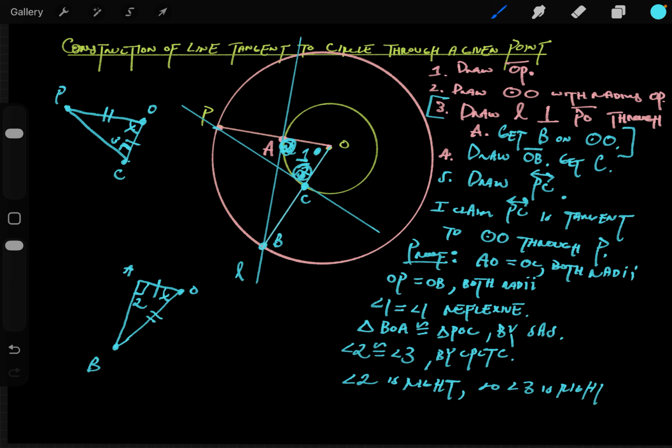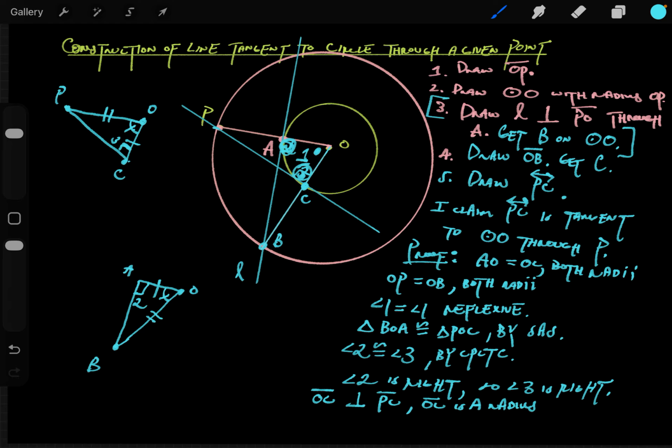And then we can say that OC is perpendicular to line PC. OC is a radius.